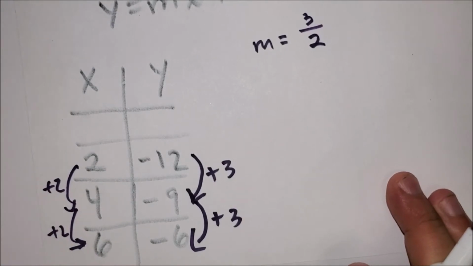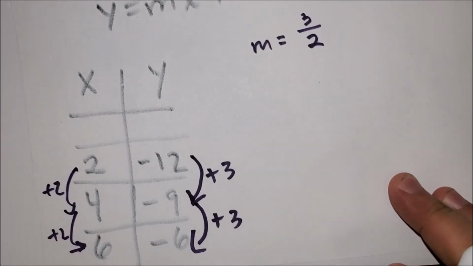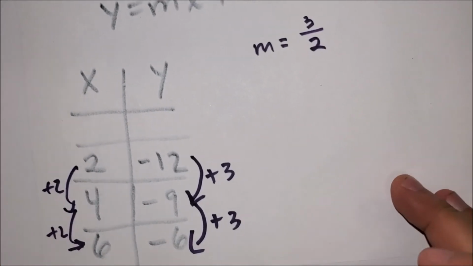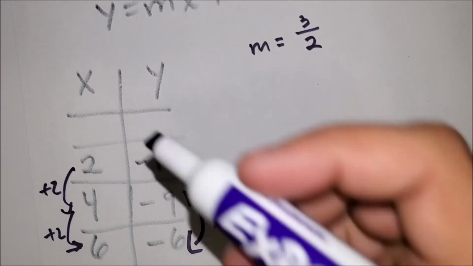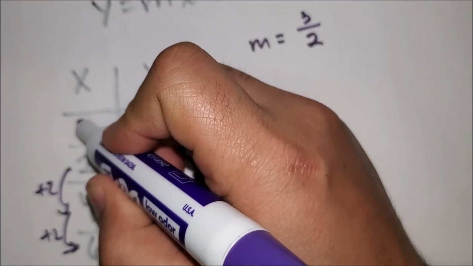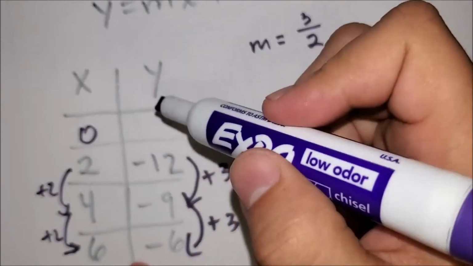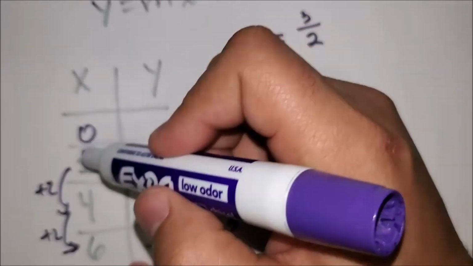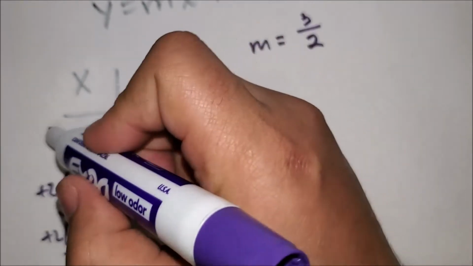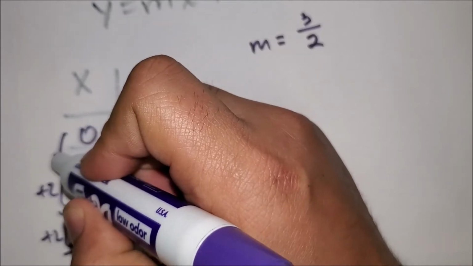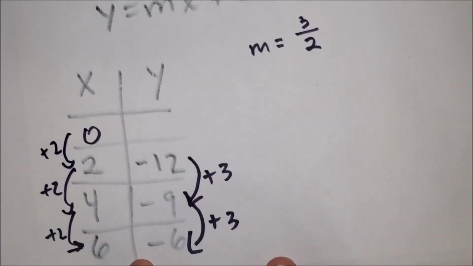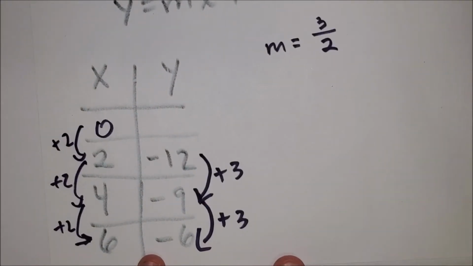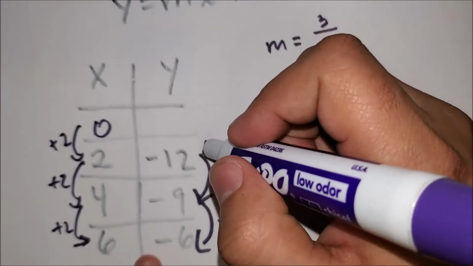So now we need to determine what our y-intercept is. Well, remember that the y-intercept happens when x equals 0. So if we were to put 0 here, we need to find out what would go here. From 2 to 0 is actually a difference of 2, so that still works. That means that here, the difference would be 3.